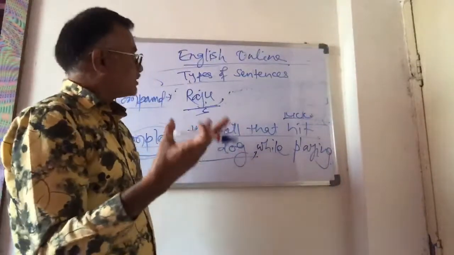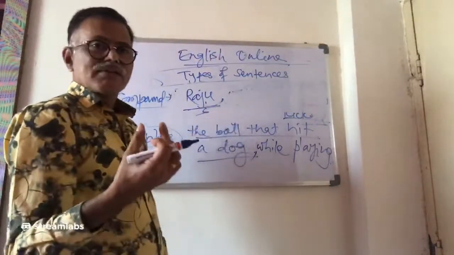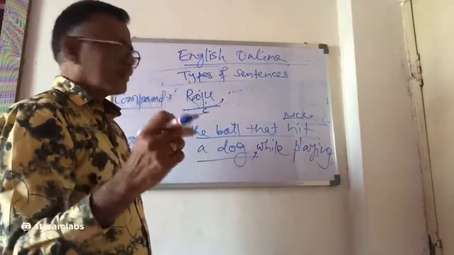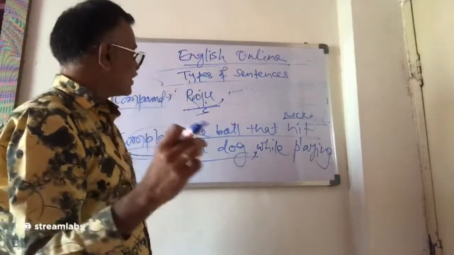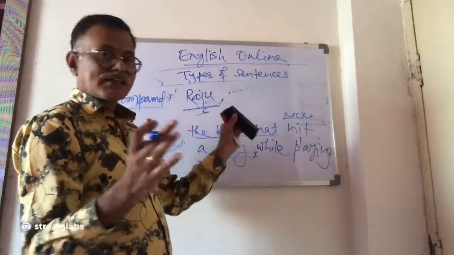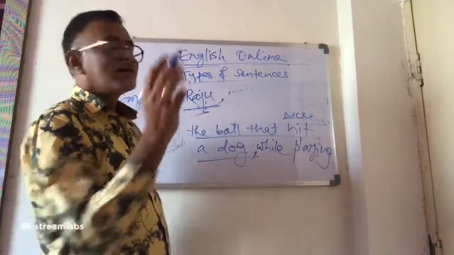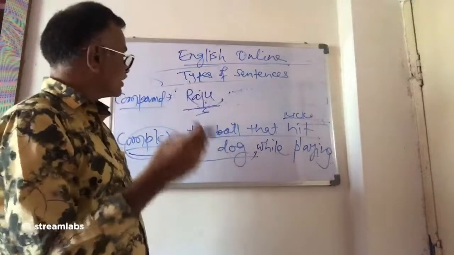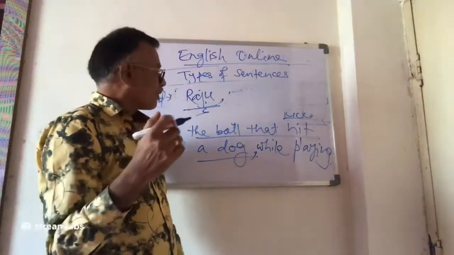Simple sentence, which has a subject and predicate in a simple structure: subject, verb, object, adverbial. And then we have the compound sentence, in which two sentences are combined together by a compounding word, which we call a coordinator.